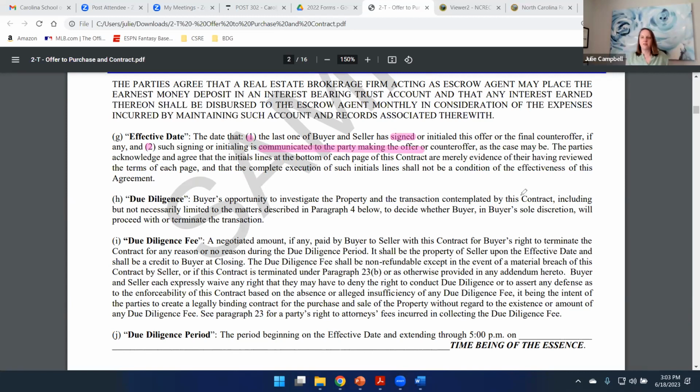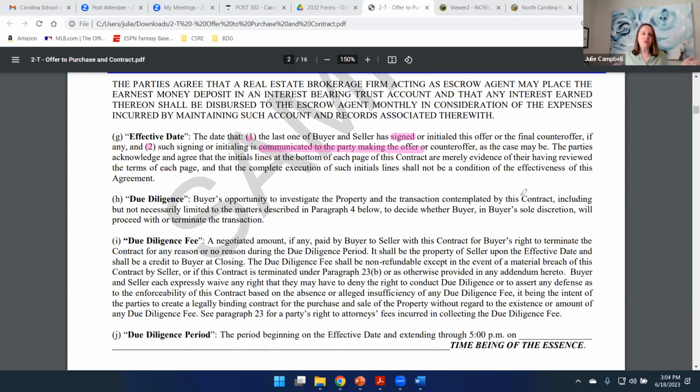We have the last one to sign, the last offeree to sign, and then communication of acceptance crosses our communication wall and goes back to the party making the offer. That is the effective date of this contract. Again, most of the time, this can all happen on the same day.